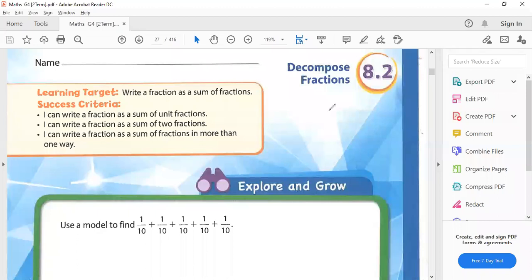Today we will learn how to decompose fractions, how to split them into smaller fractions. It will be an easy lesson for all of you, inshallah, exactly the same as what we studied yesterday.